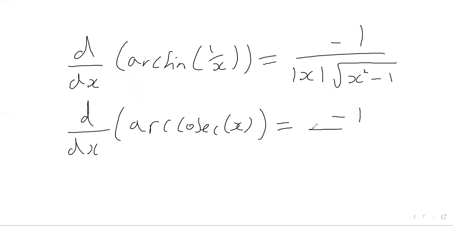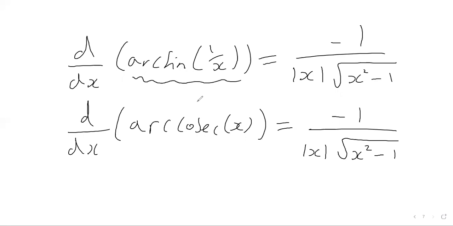So -1 over the modulus of x multiplied by the square root of x squared minus 1. Okay, so we got the same result. So a natural question to ask would be, does that mean that these two functions, the arc sine of 1 over x function and the arc cosec function, are they the same function?